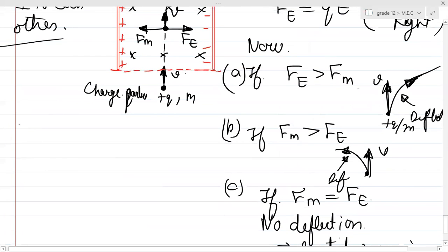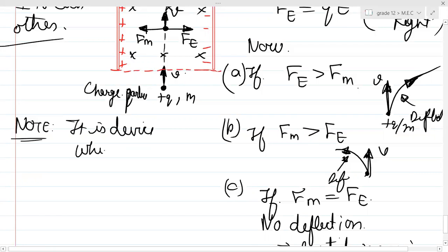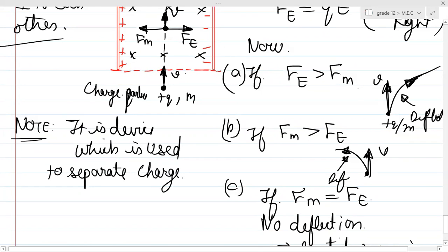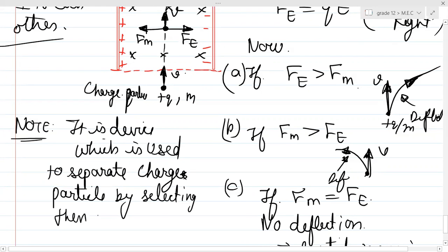So basically, what is the velocity selector? It is a device for selecting charged particles on the basis of their velocity.